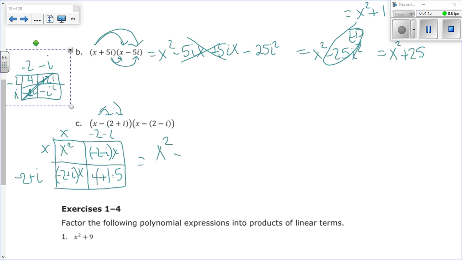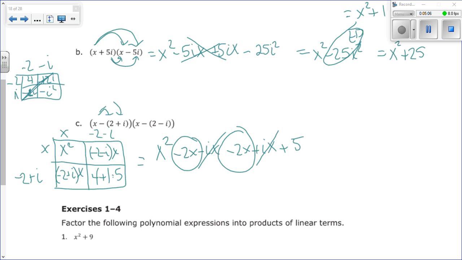Then I'll have -2x minus ix, and a -2x, and a plus ix, and a plus 5. And when I look at that, my ix's go away, and I have a negative 2x and a negative 2x. So I have x squared minus 4x plus 5.